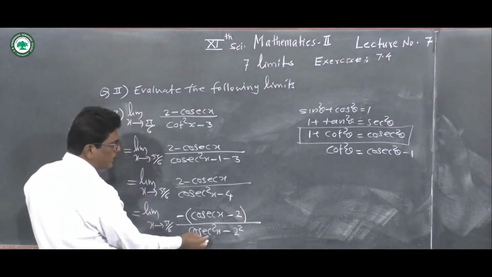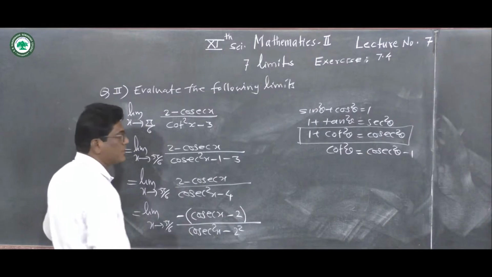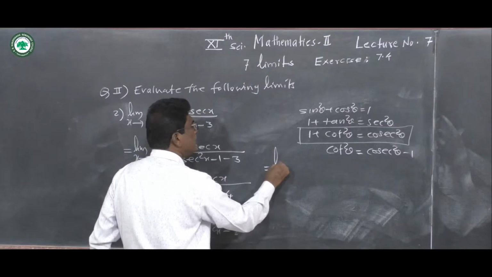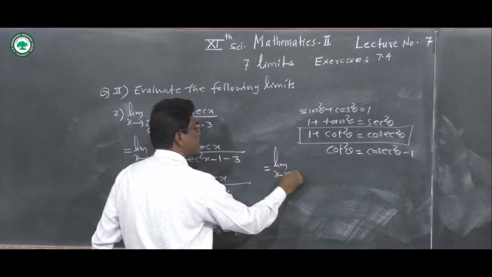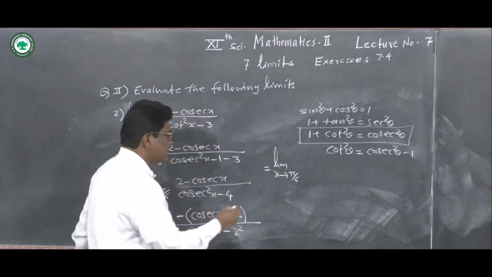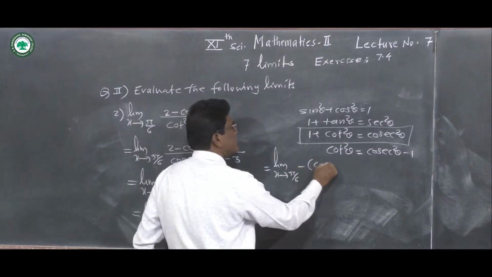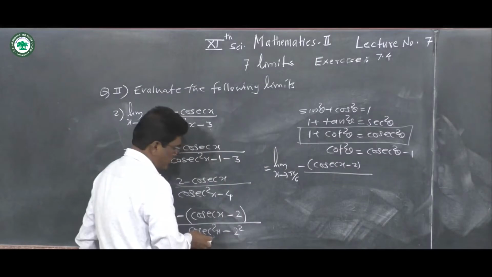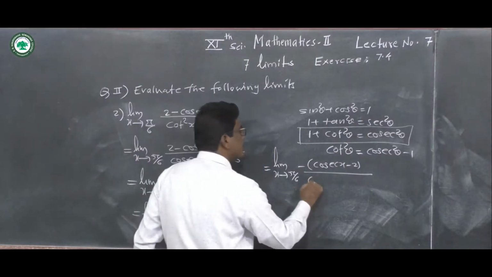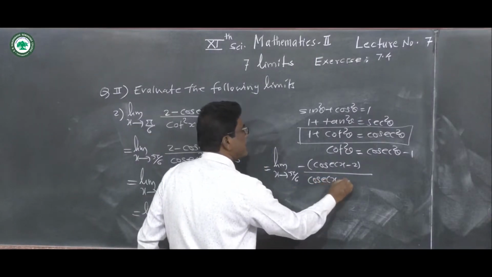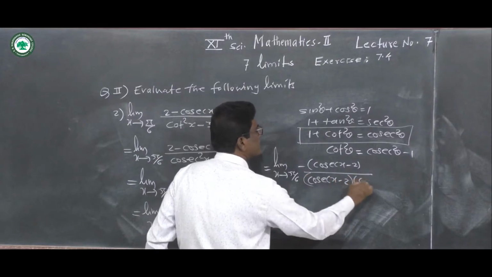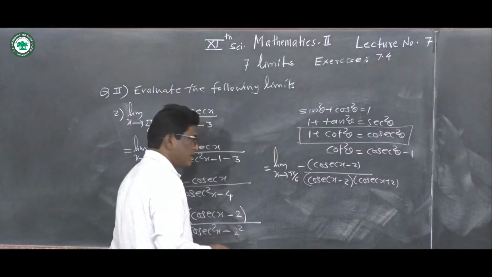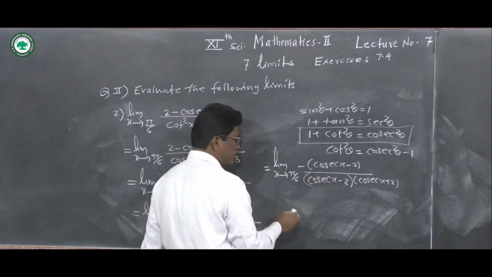Okay, and now factorize this denominator. So we get limit as x tends to pi by 6 of minus (cosec x minus 2) divided by (cosec x minus 2) into (cosec x plus 2). Now we cancel this common factor. Why can we cancel?